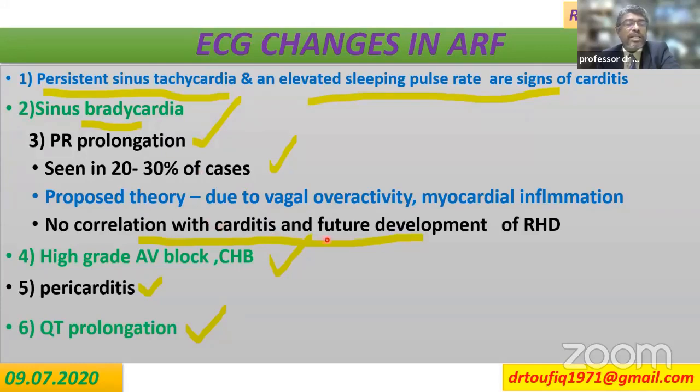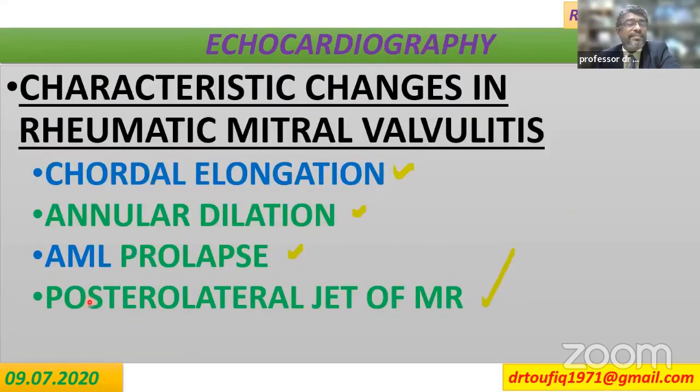There is no correlation with carditis and future development of rheumatic heart disease. High grade AV block can occur, and even complete heart block. We can also get features of pericarditis in the ECG, and the patient may also have QT prolongation in acute rheumatic fever.